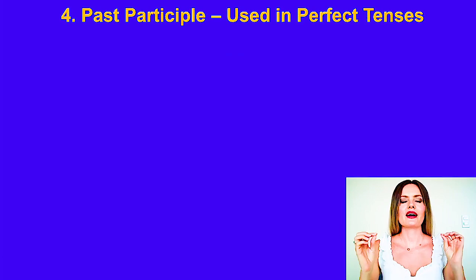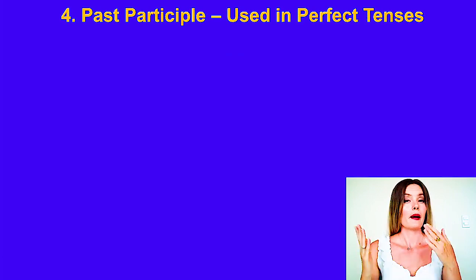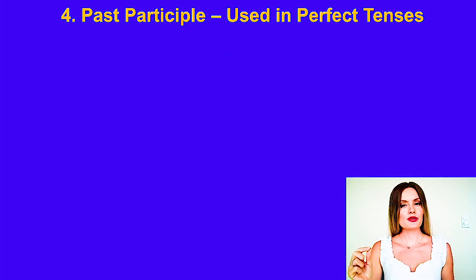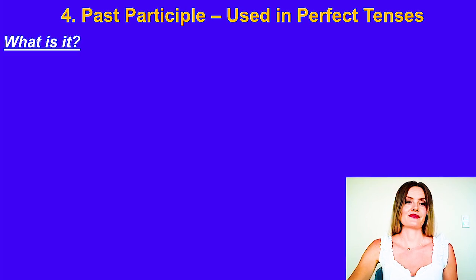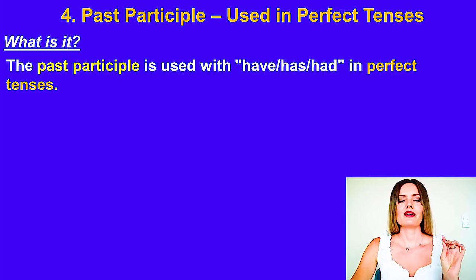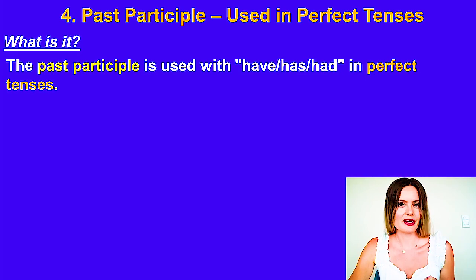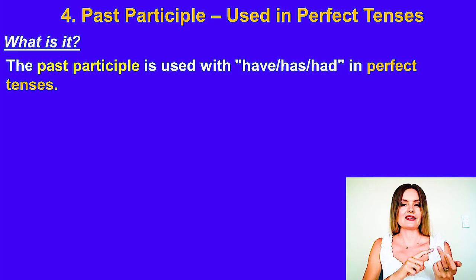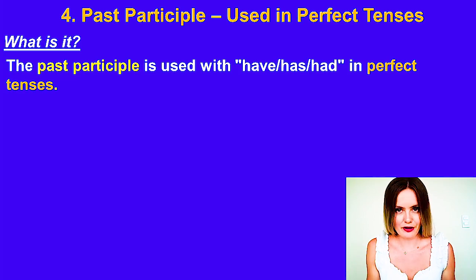Now let's take a look at the past participle. Past participle used in perfect tenses. What is it? The past participle is used with have, has, had in perfect tenses. Have, has, and had, these are the helping verbs.